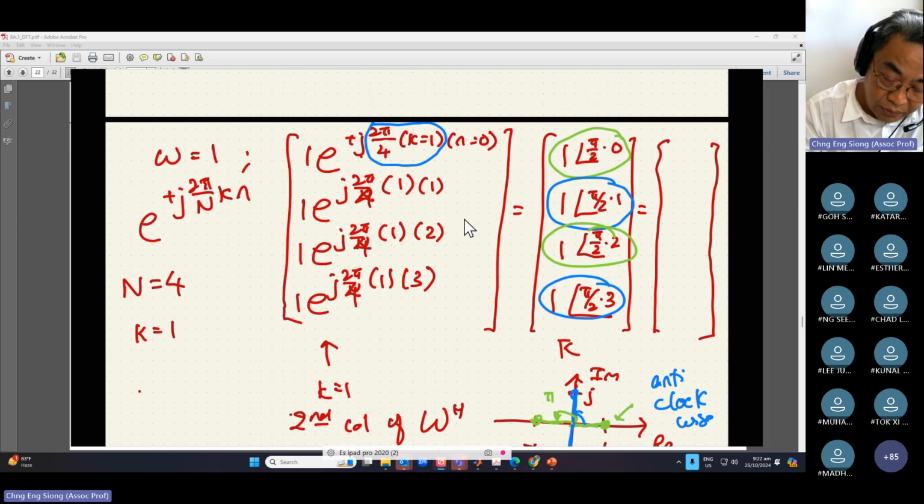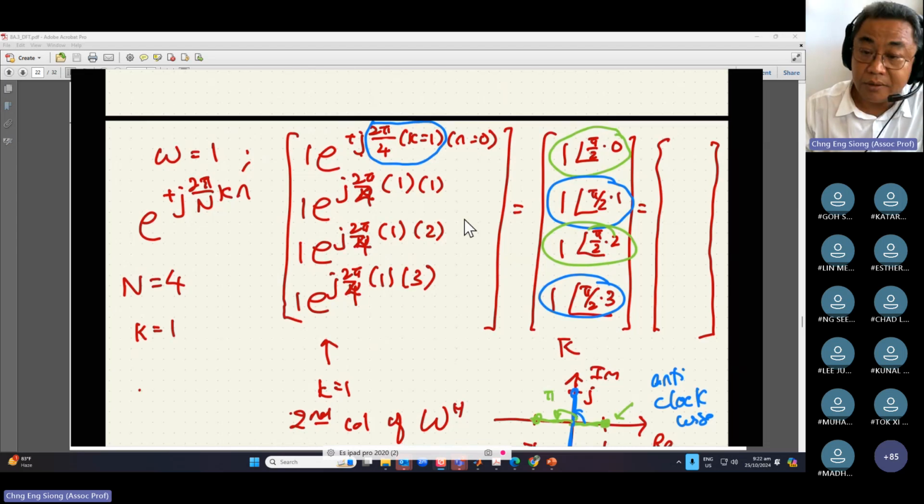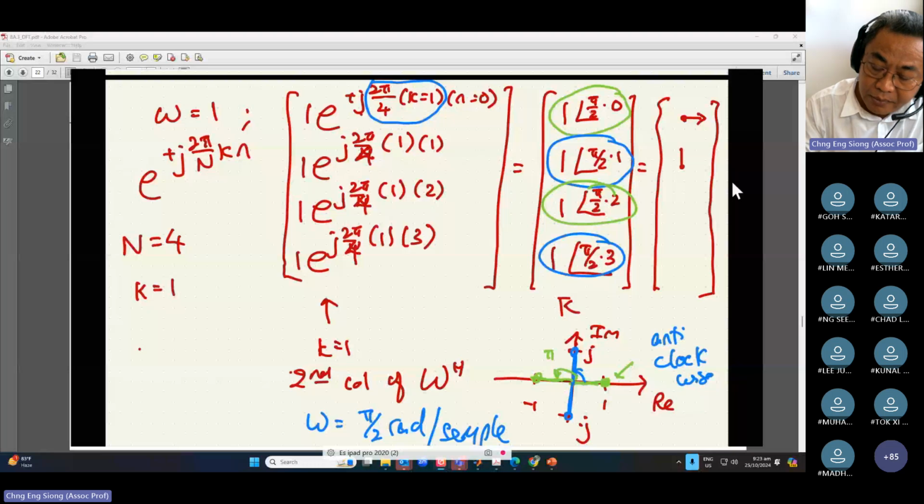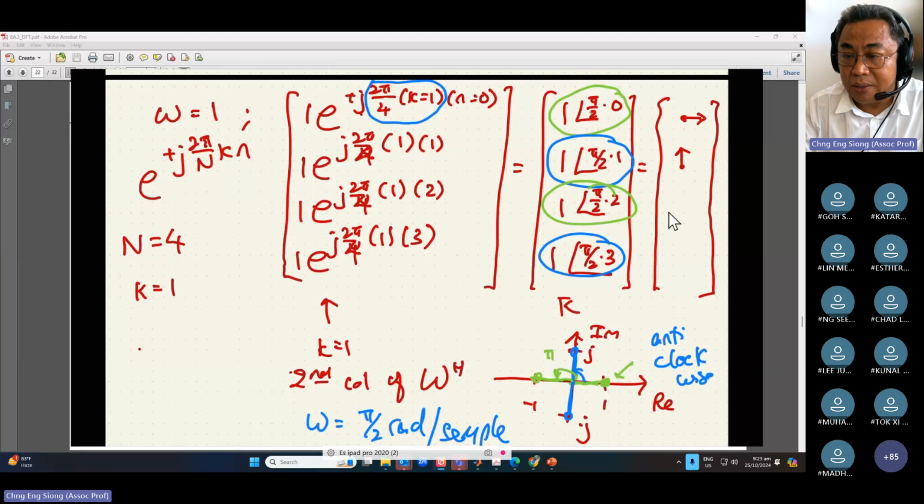All right, let me draw for you this phasor as a graph over here. It's going to look like this. This point pointing here means that I am having amplitude 1 and degree 0. How about this guy? I'm going to draw up because he is rotating 90 degrees anti-clockwise. What about the third one? I'm going to draw the same point here, the origin here, and the last guy here.